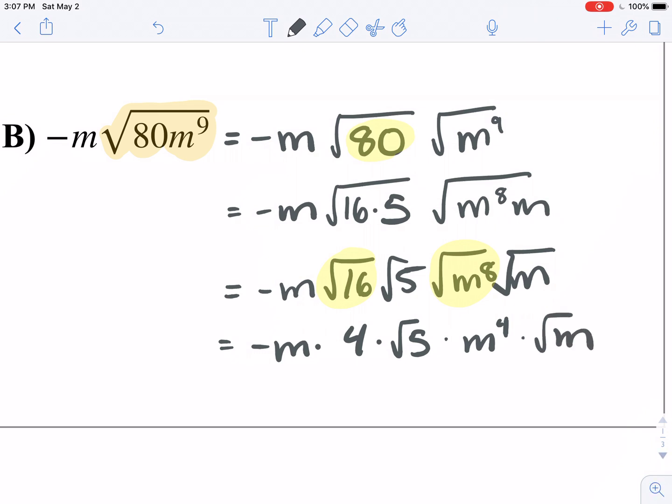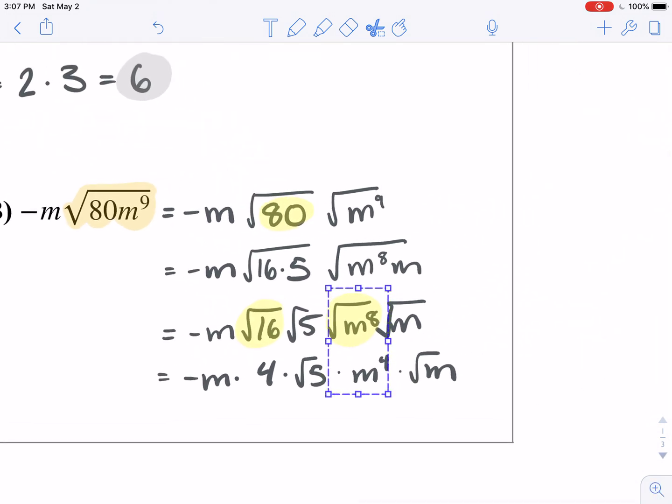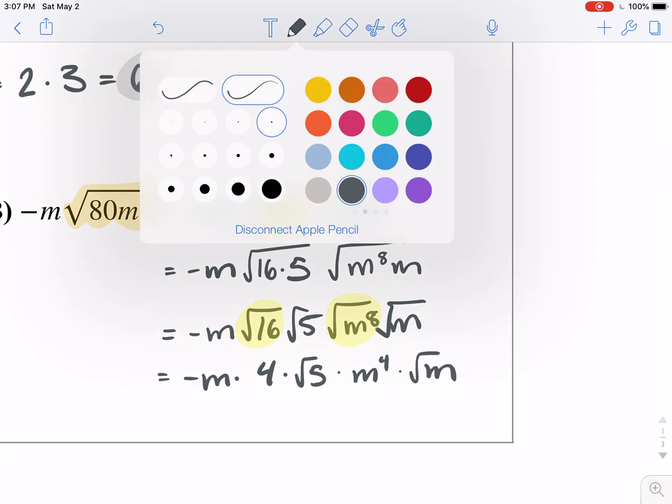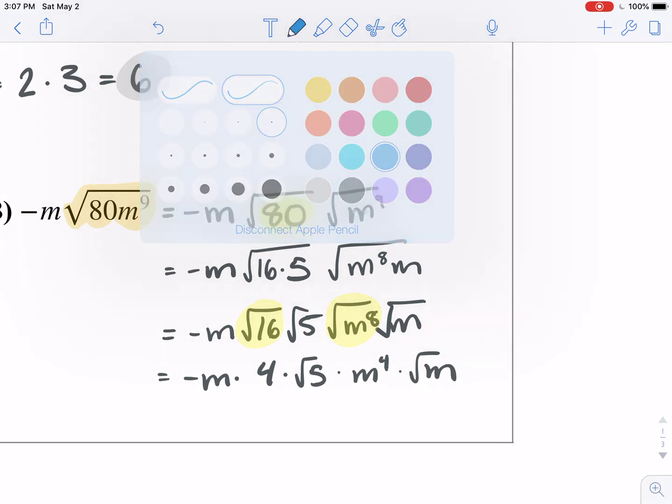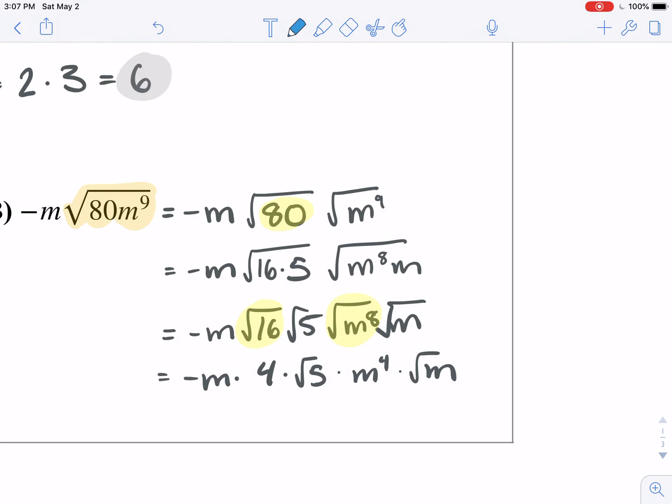Let's hit pause for 1 second. Where did this come from? How did I know that? Let's go ahead and review our powers of exponents, or our powers rules. So if you have m to the 8th power, I know I can split that up by writing 8 as 4 times 2.